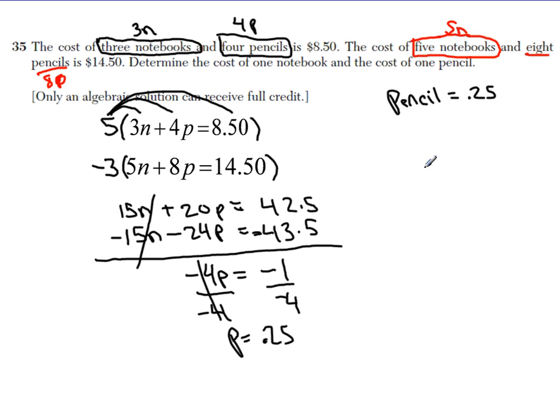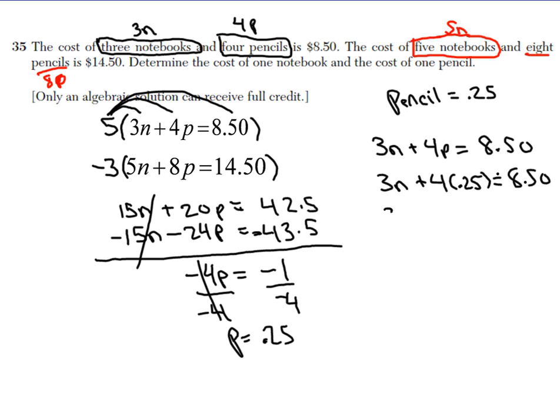To do that, we can just pick one of our equations here. I'm going to pick the top one, 3n plus 4p equals 850. And now we can substitute p, so we've got 3n plus 4 times 0.25 equals 8.50. That's going to be 3n plus, 4 times 0.25, what's 1/4 of 4?